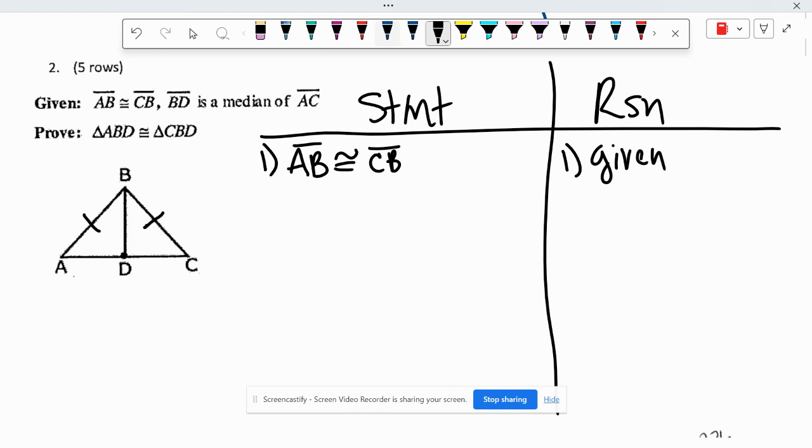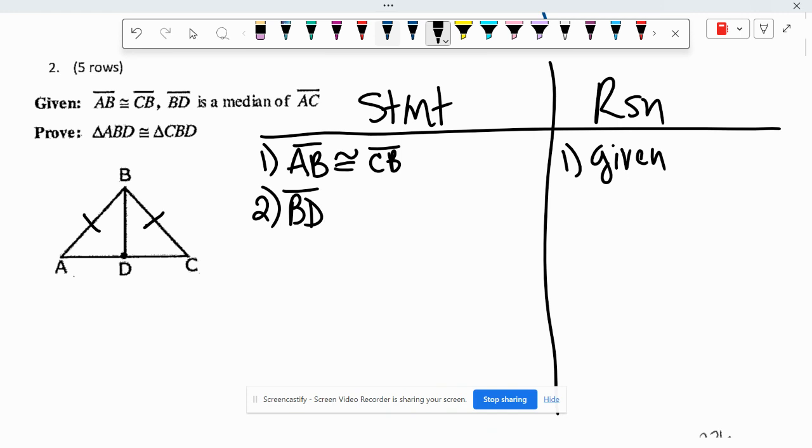AB is congruent to CB. What does that next statement mean? BD is the median of AC. That's the definition of median, right? It's the midpoint. So let's say that.